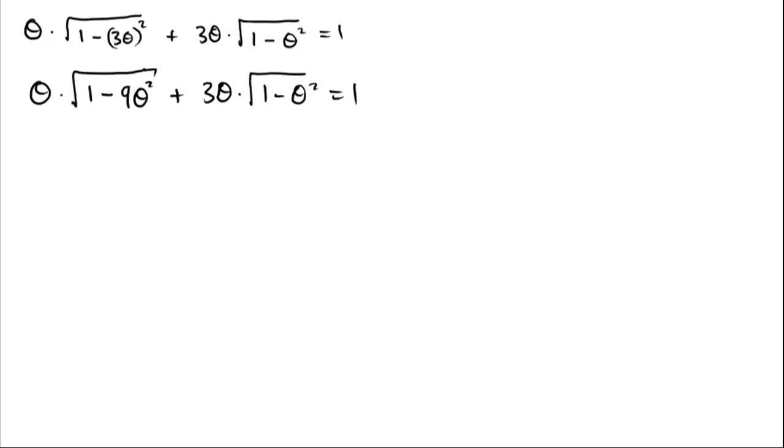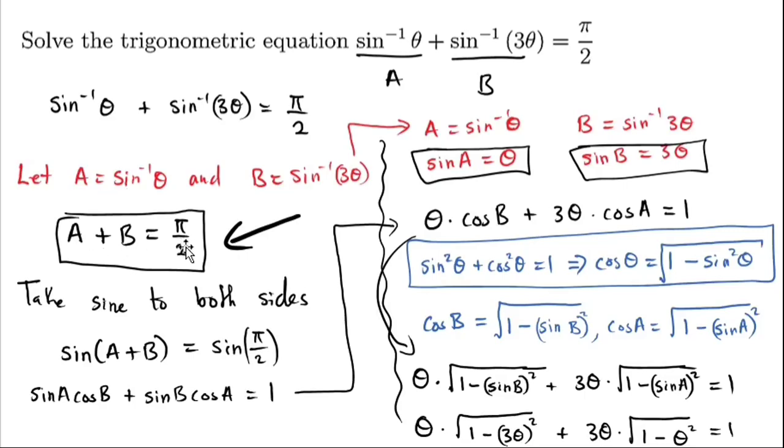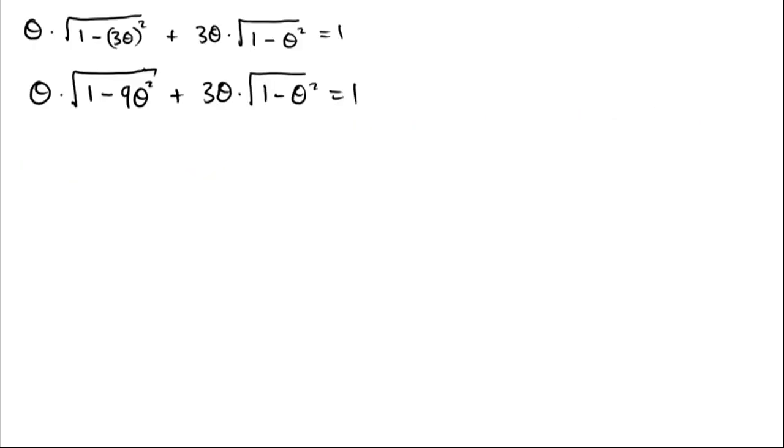Okay. Now, since a plus b is equal to pi over 2, let me bring it back here. From the beginning, we said that a plus b is equal to pi over 2. So what does this mean?